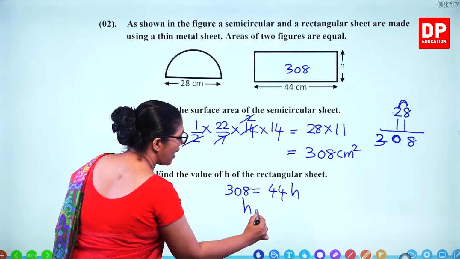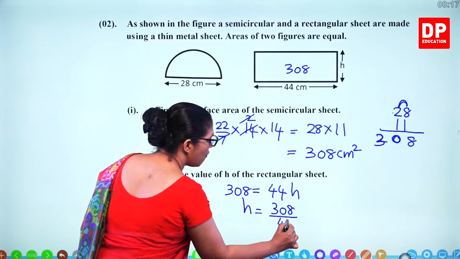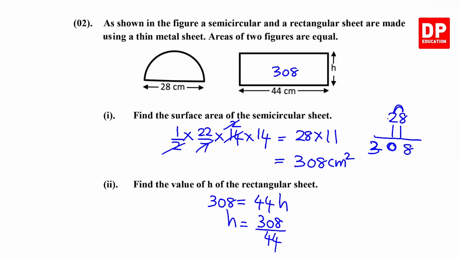So easily you can find h, 308 divided by 44. What's the value? We'll divide by 11. 4. 11 times 2, 22. 8. 4 times 7. So 7 centimeters is the height of one side. That's the width of the rectangular sheet.